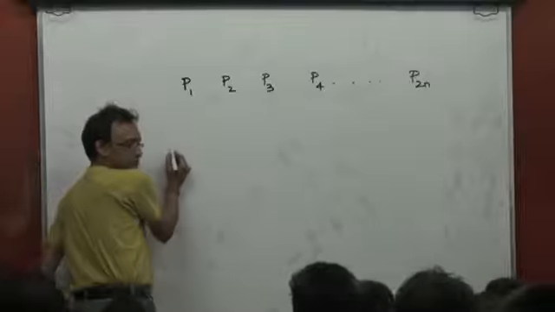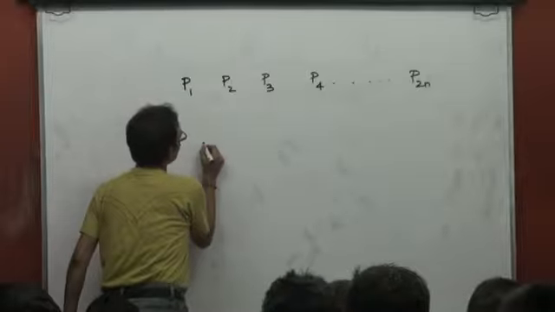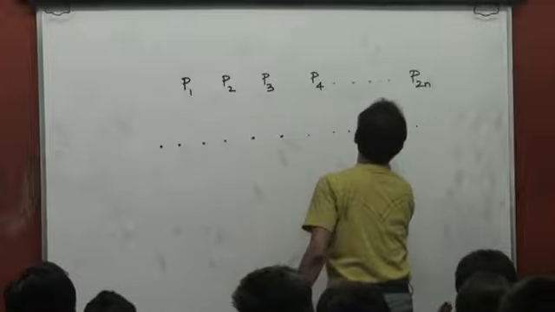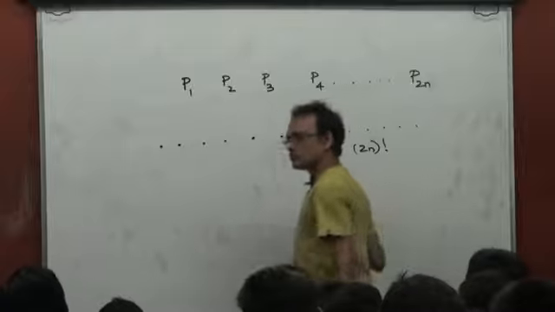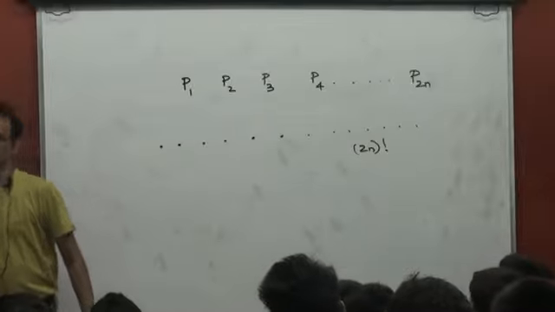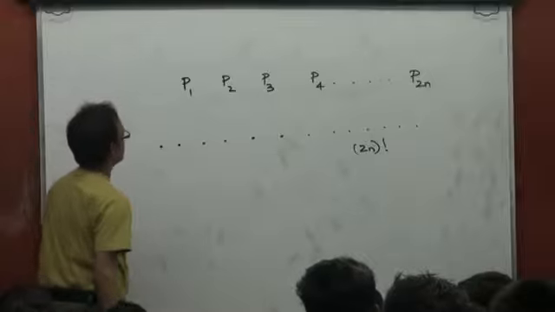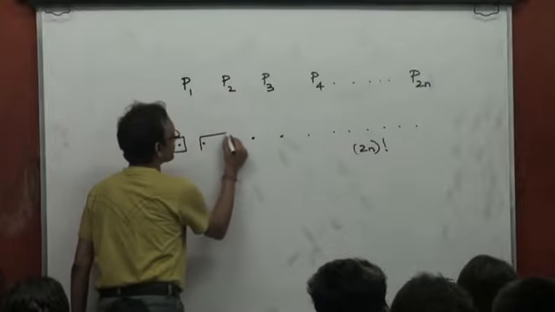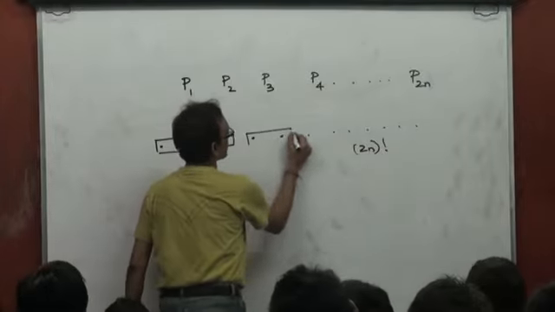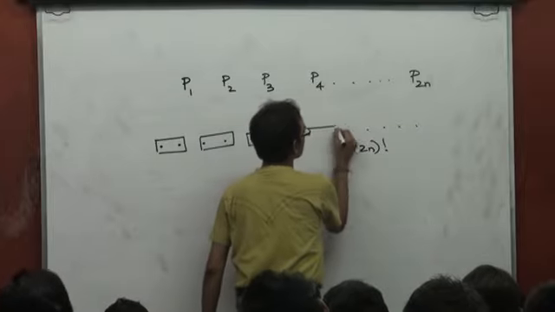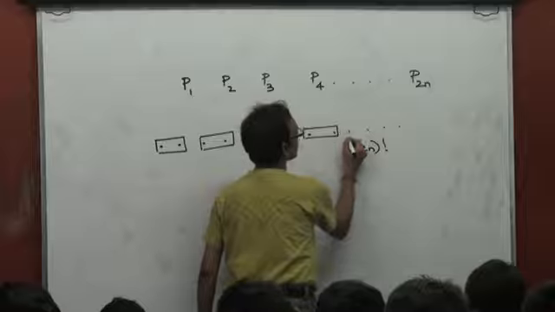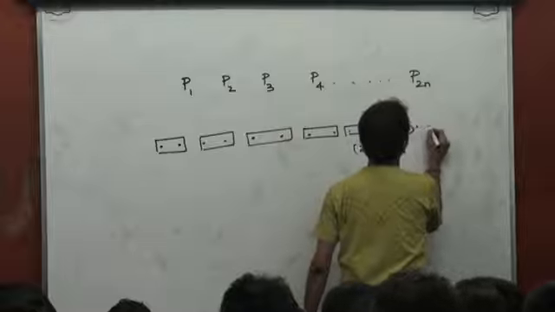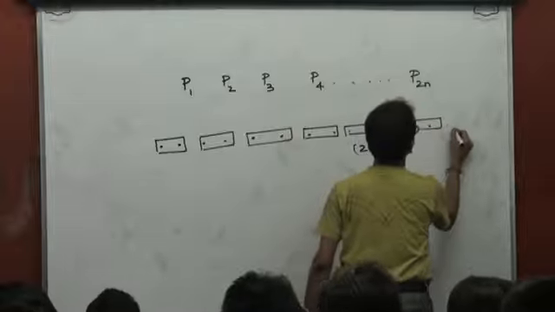There are 2n people. I just arrange them in 2n factorial ways in a line. That's what I do first. And then for each of these 2n factorial ways, I carve out these slots for couples.